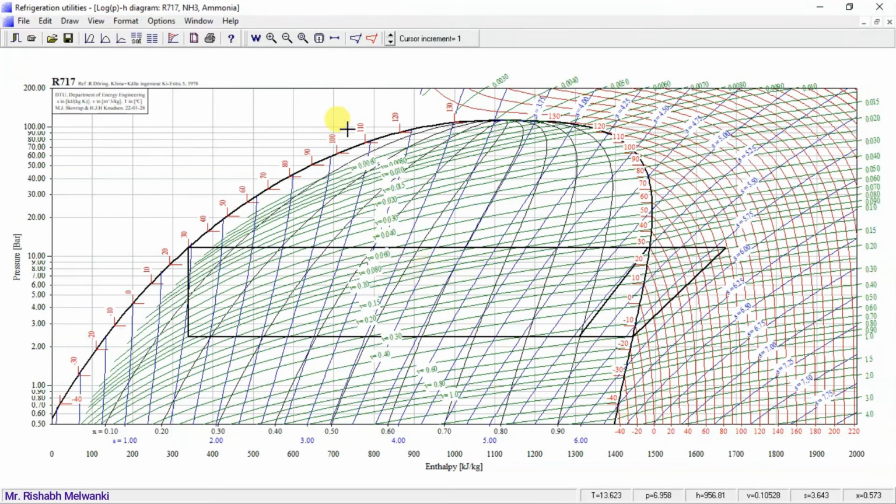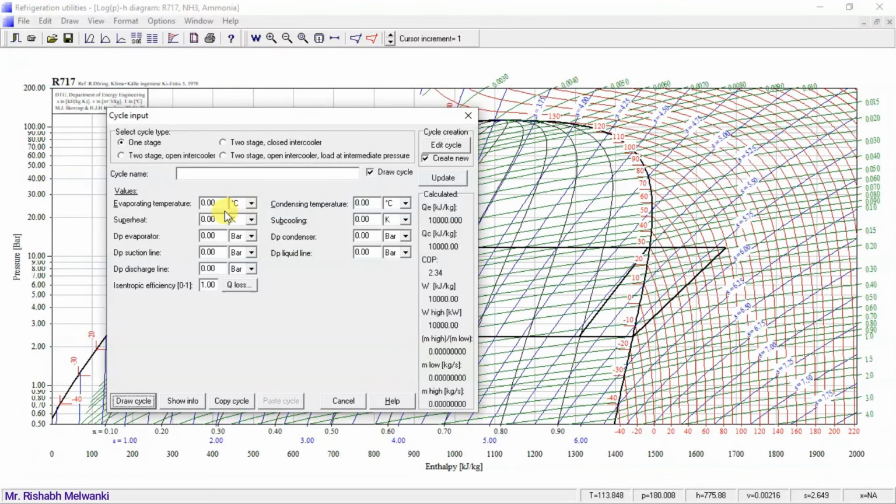Third, I will also draw superheating. I'll consider evaporator temperature, the lower temperature, the same, minus 15, and condensing temperature the same, 30. Now I'll increase the superheating of this point. Suppose I keep that superheating as 10, then the temperature line will come up to here. This is 10 degrees Celsius, so point number 1 will be at this location.